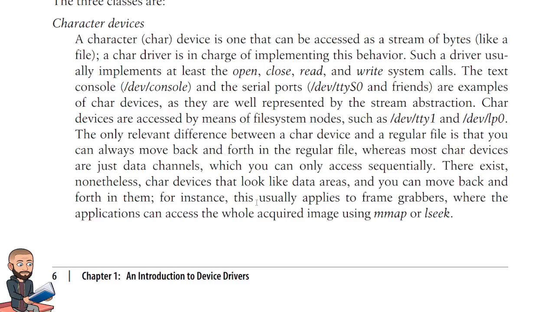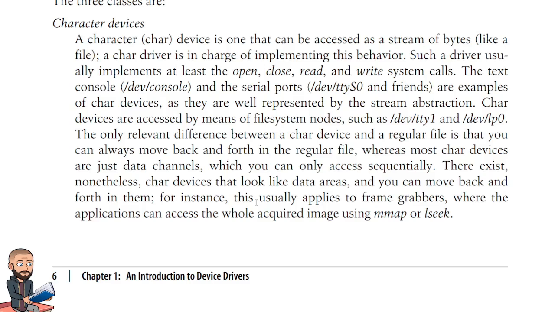The text console /dev/console and the serial ports /dev/ttyS0 and friends, right? So S1, S2, S3, whatever. These are examples of character devices, as they are well represented by the stream abstraction. Character devices are accessed by means of file system nodes, such as /dev/tty1 and /dev/lp0.